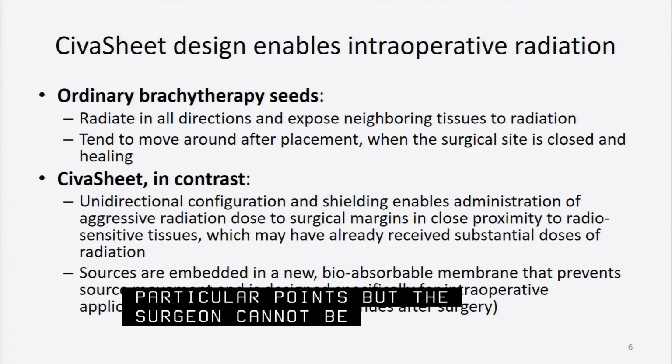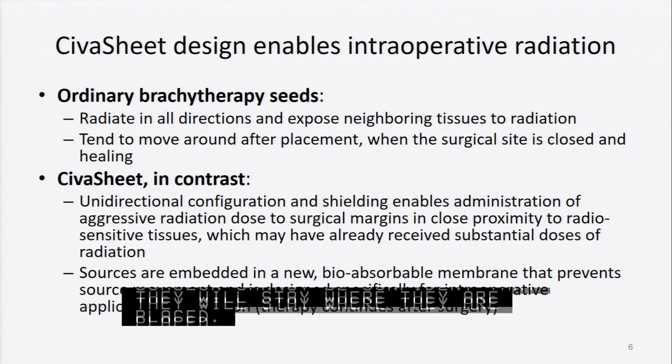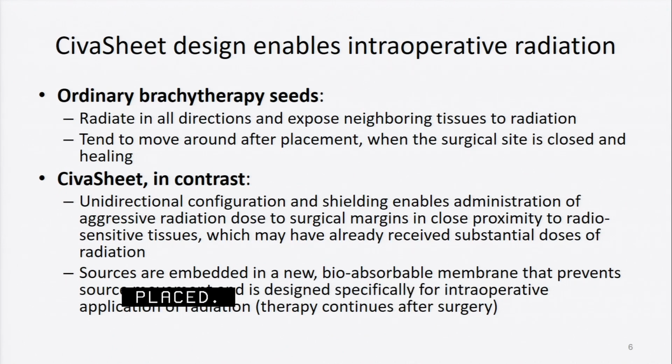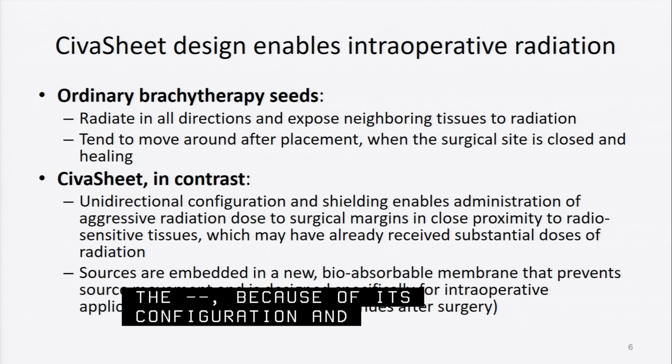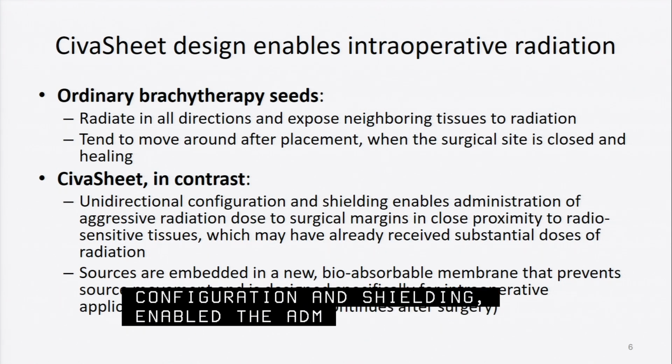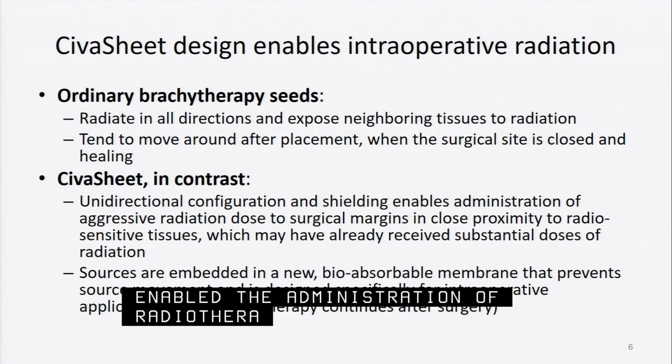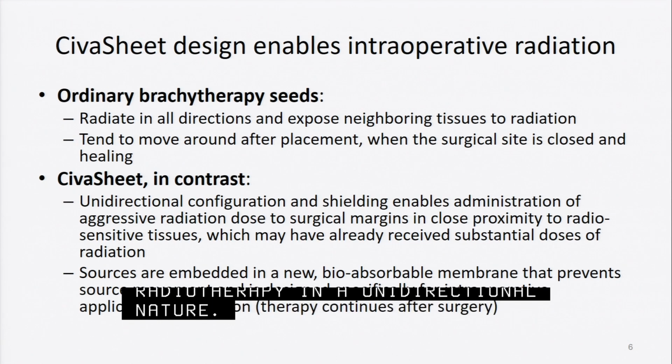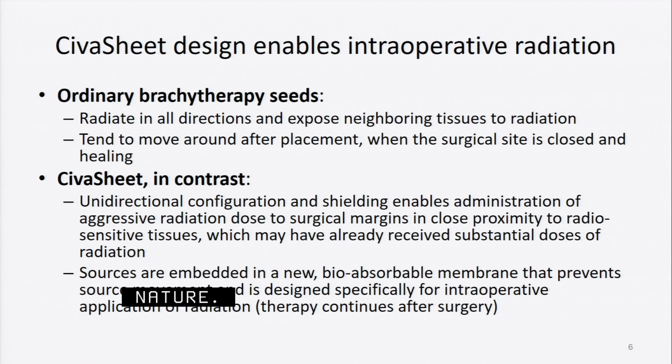The Civatech product, because of its configuration and shielding, enables the administration of radiotherapy in a unidirectional nature. This is extremely important in circumstances where there are adjacent healthy tissues that should be shielded from radiation.